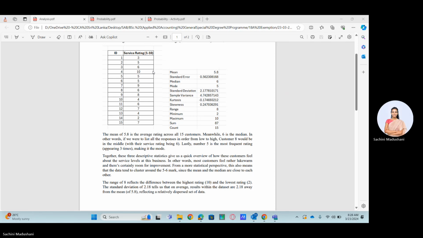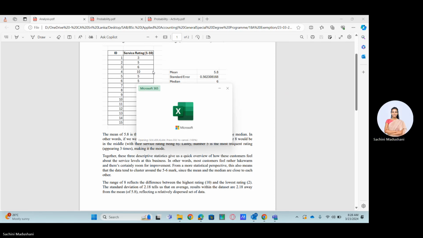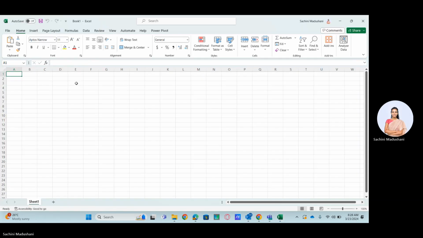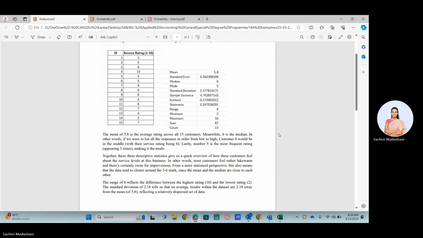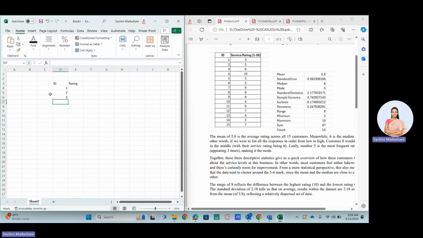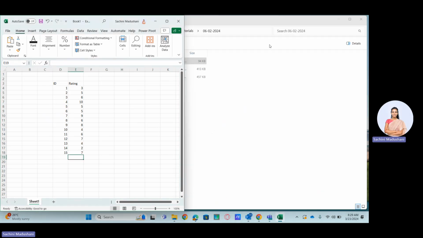In Excel, using the Excel, we can do this analysis part.